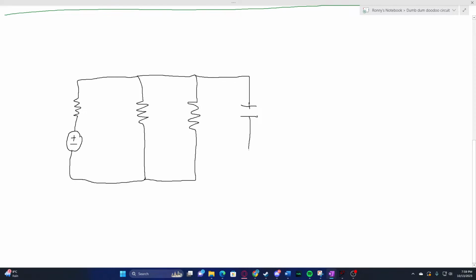There we go. On this side we have 9 volts. We have 10 ohms, 50 ohms, a 20k ohm resistor, and a 2 microfarad capacitor. There we go.